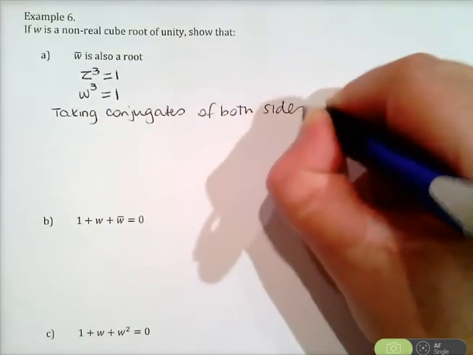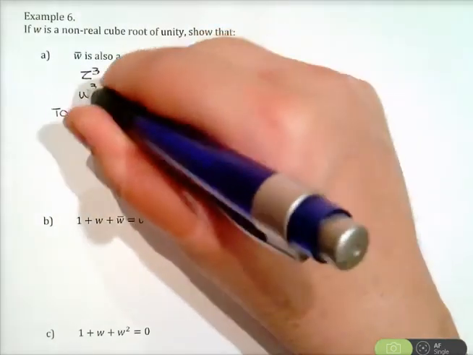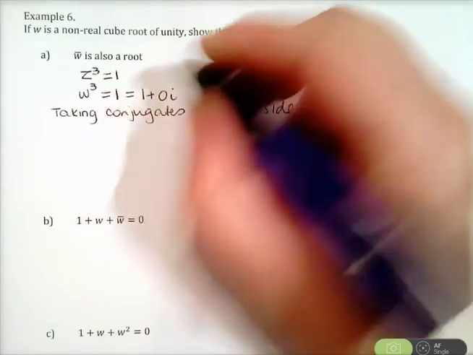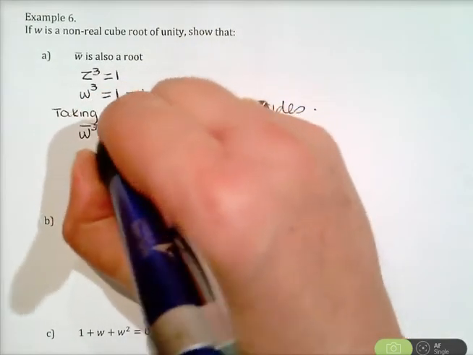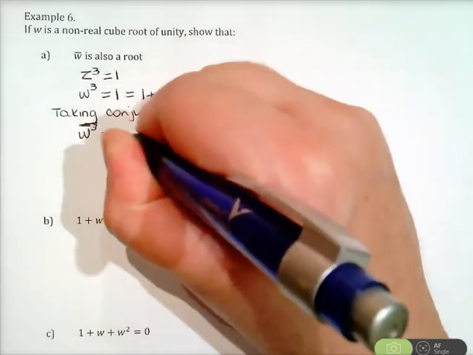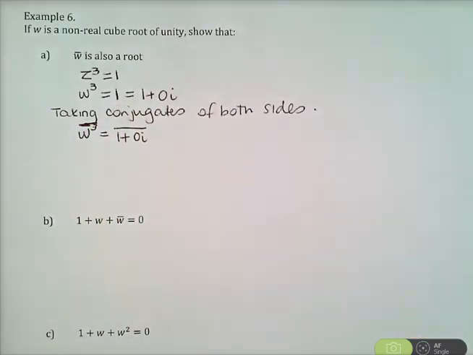So taking conjugates of both sides, we know that here we've got w cubed is 1, which happens to be 1 plus 0i. So taking conjugates of both sides, we know that w cubed bar is equal to 1 plus 0i, the conjugate of that.